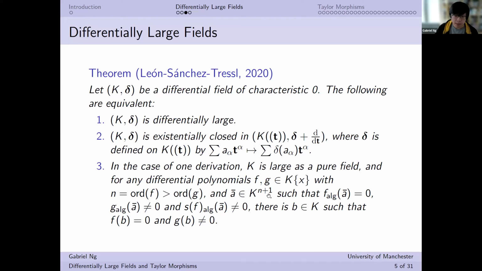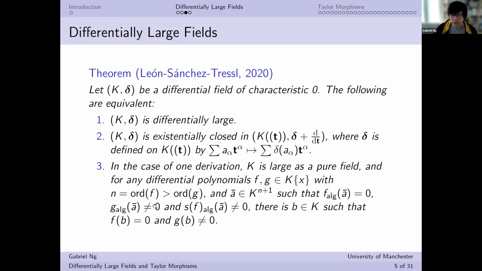and if we take an n plus 1 tuple, a bar, which is an algebraic solution to f, and by what I mean by this is if we take the differential indeterminates x, x prime up to x to the n, and treat them as algebraic indeterminates and plug this in, then we get 0.